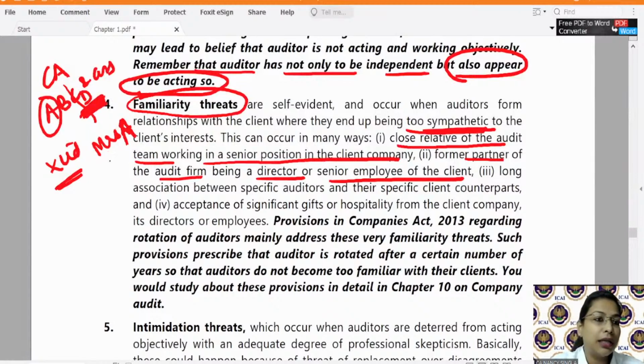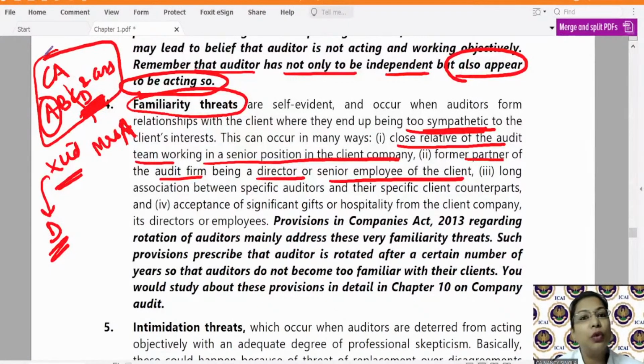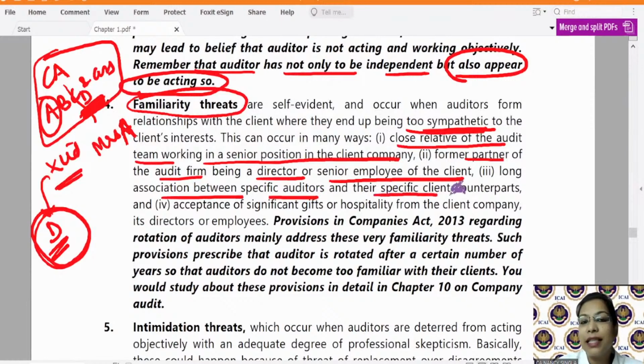Earlier he was the partner, and now he has become a director with X Limited. Now when ABC and Associates go to conduct the audit, he was a partner earlier, so again, familiarity threat. Others are long association between specific auditors and their client counterparts, and acceptance of gifts and hospitality from the client company.